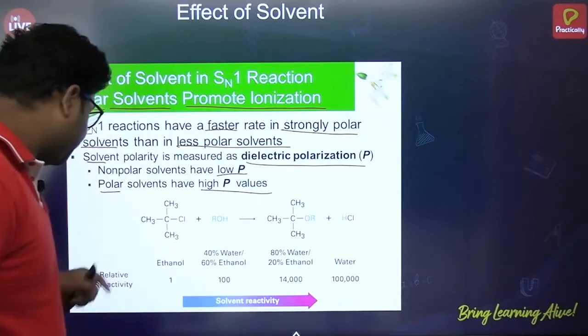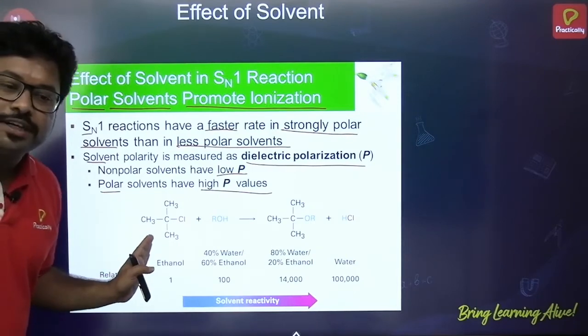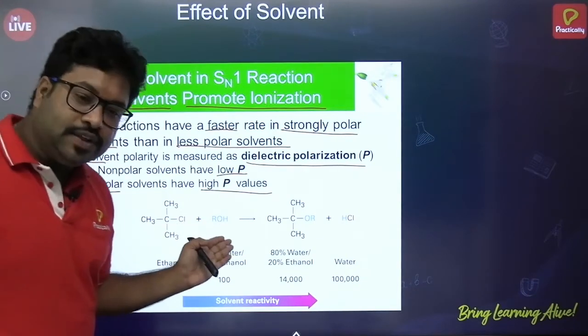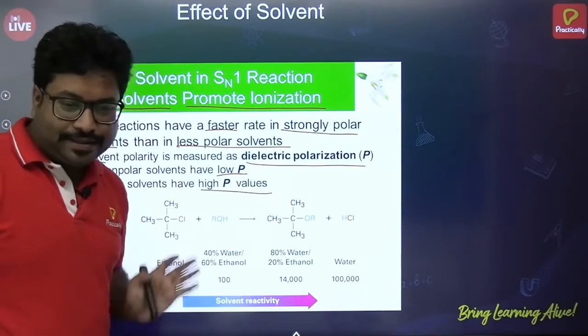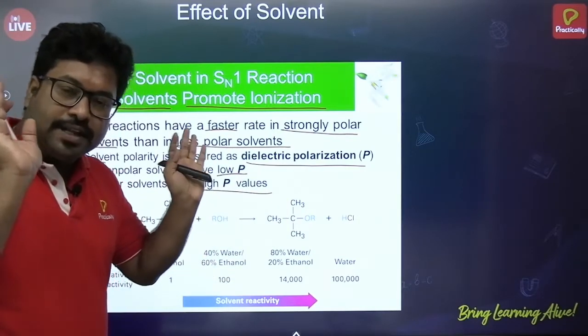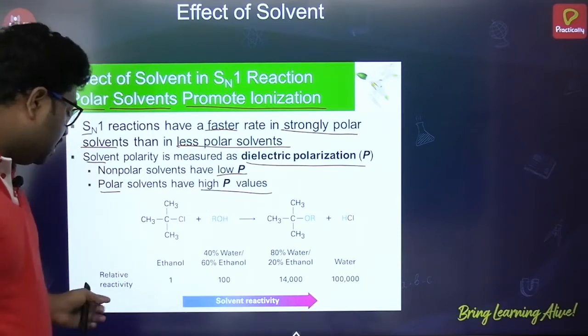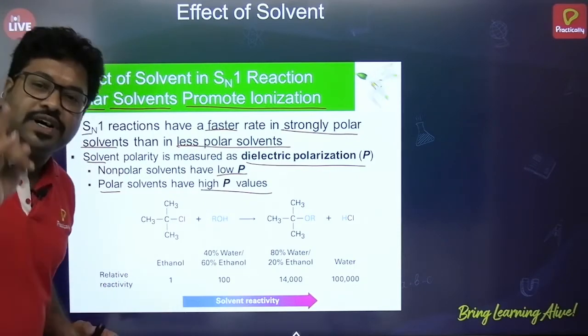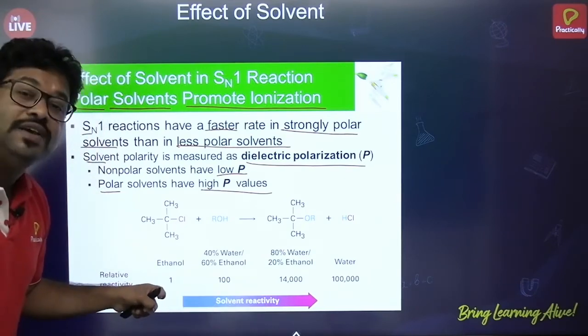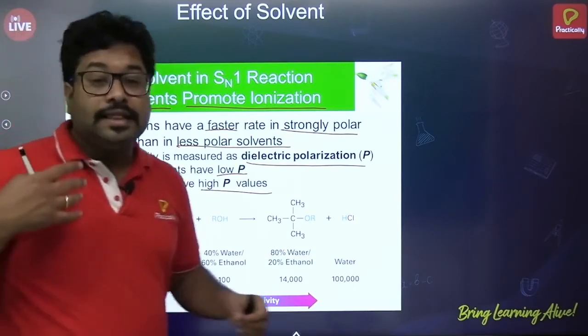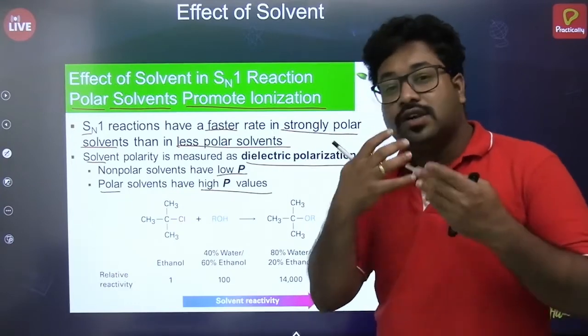You can see here. See, this is your substrate that we had taken. This is your alcohol. Okay, you got what? OR and HCl. So nucleophilic substitution reaction has happened. The solvent relative reactivity: firstly, they took only ethanol. The rate of reaction was only 1. Then they changed the concentration of the solvent.